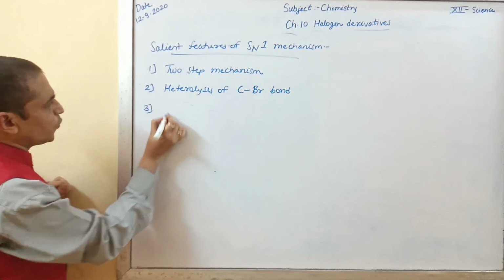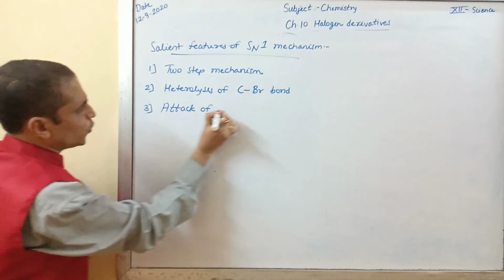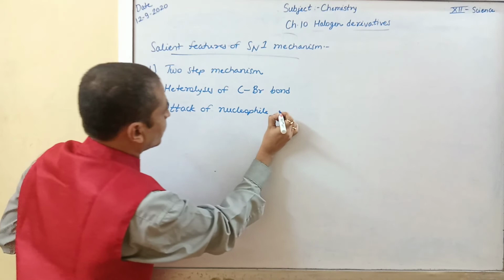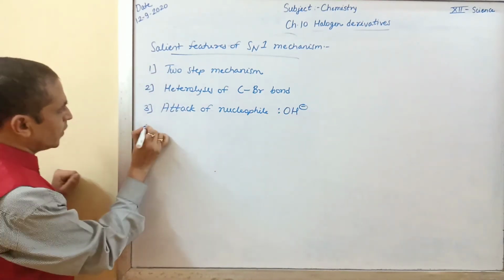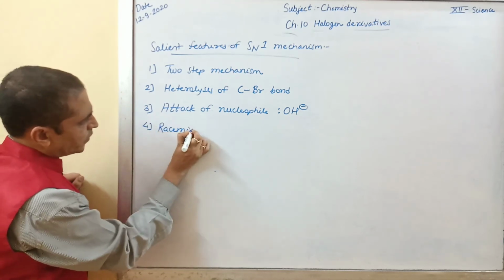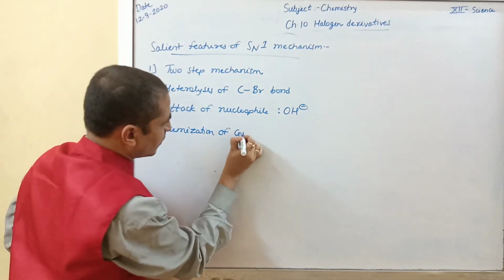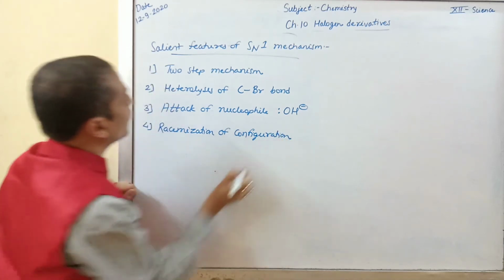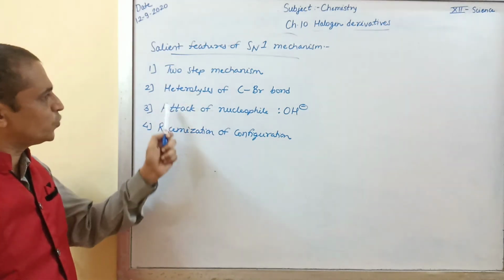And third is attack of the nucleophile, that is OH. And fourth one is racemization of configuration. These are the salient features of the SN1 mechanism. Already we have discussed all these four points.